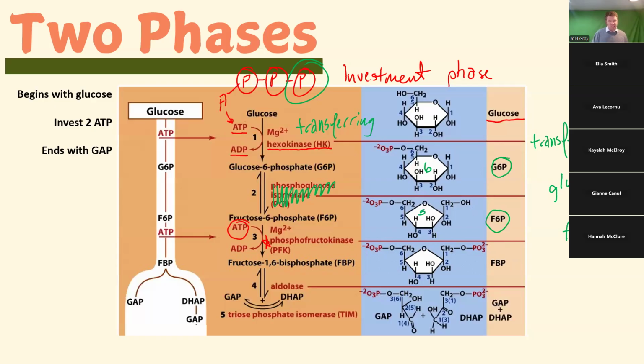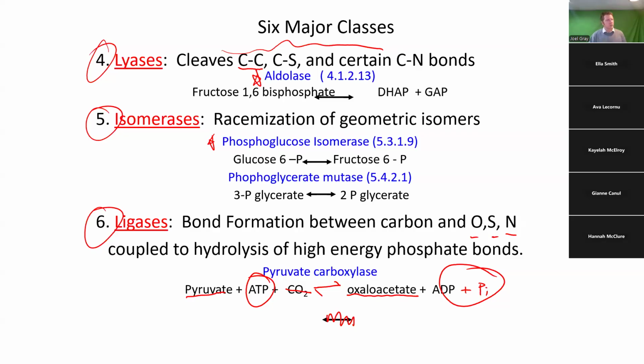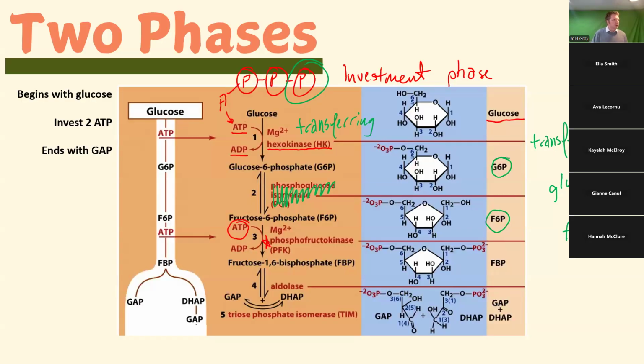So if they have the same number and identity of atoms, but just a different structure, well, we've just rearranged them. These two molecules are isomers of one another. And since they're isomers of one another, our type of enzyme would be an isomerase. So our number would be 5, an isomerase. Can everyone confirm with an I that they follow that and they see that?